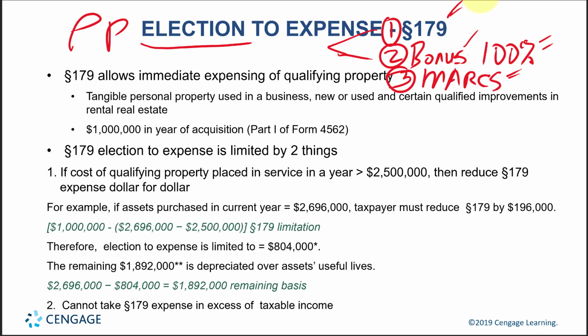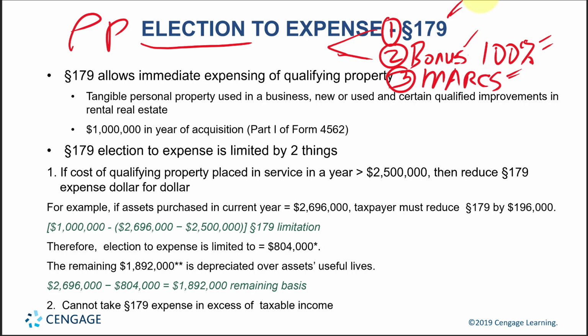There may be reasons why you want to extend the cost out, being deducted over more years to spread it out. In all 3 cases, the maximum you can deduct is that original basis, the unadjusted basis. You cannot deduct more than that, but you may want to time it to your benefit to extend it out over a longer period of time.